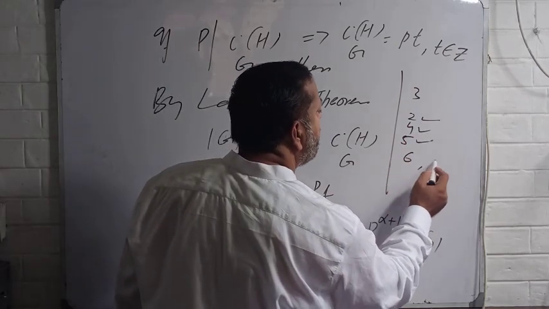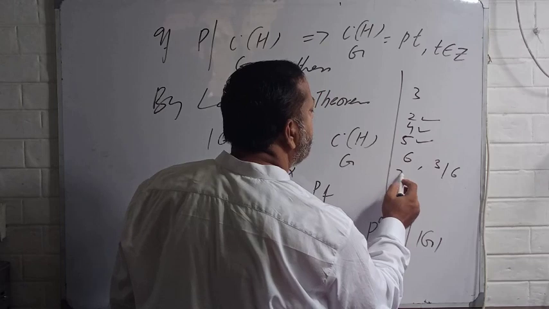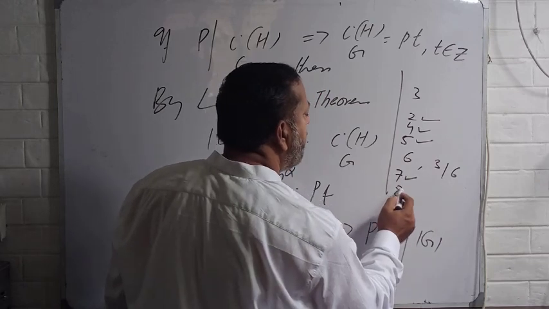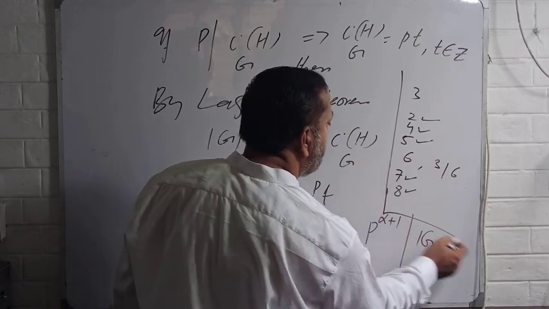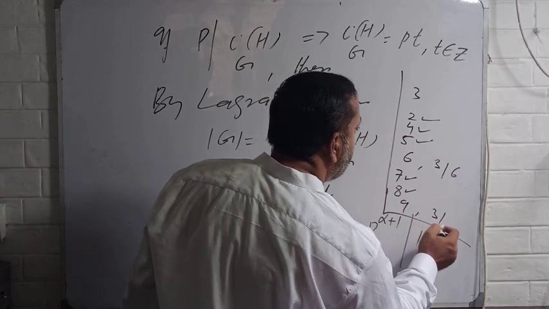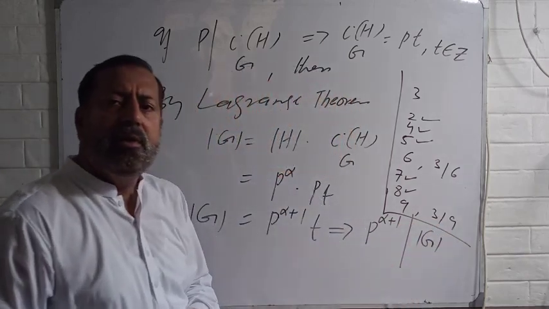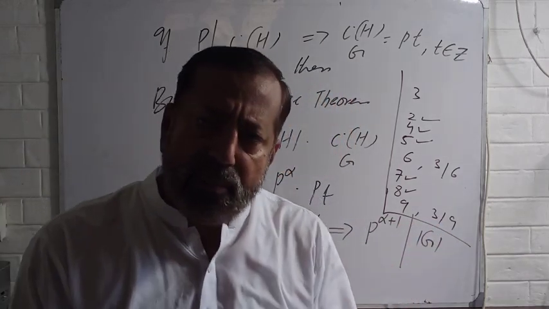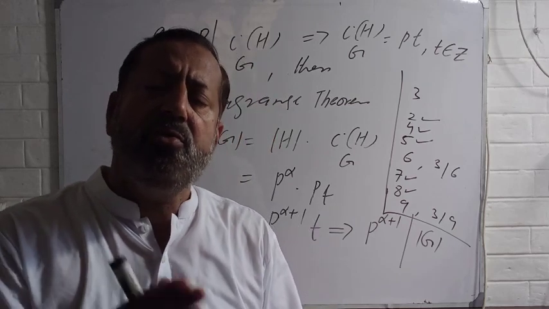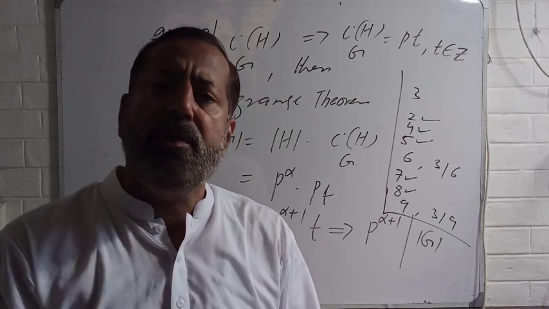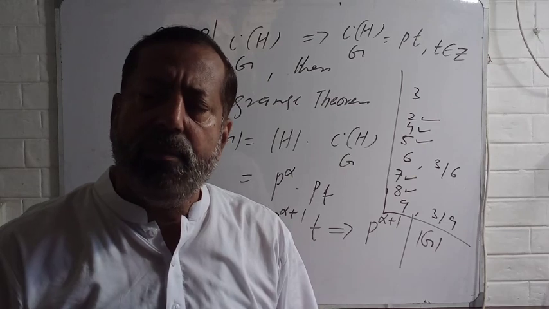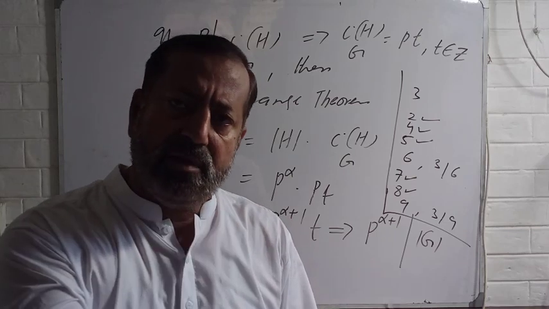For 6, 3 divides 6. For 7, relatively prime. For 8, relatively prime. For 9, 3 divides 9. So look at this: a prime number has either of two relations with any other number. Either p and that number are relatively prime to each other, or p is a divisor of that number.